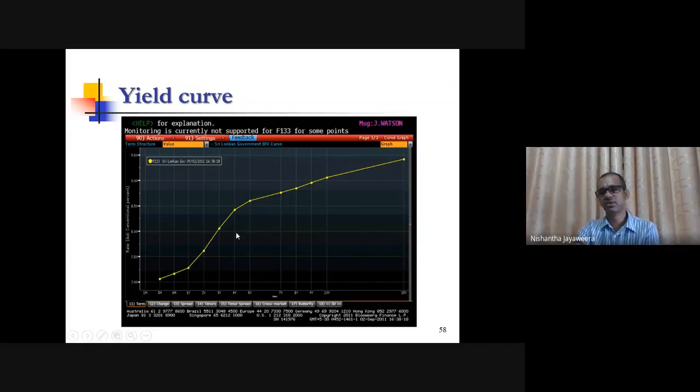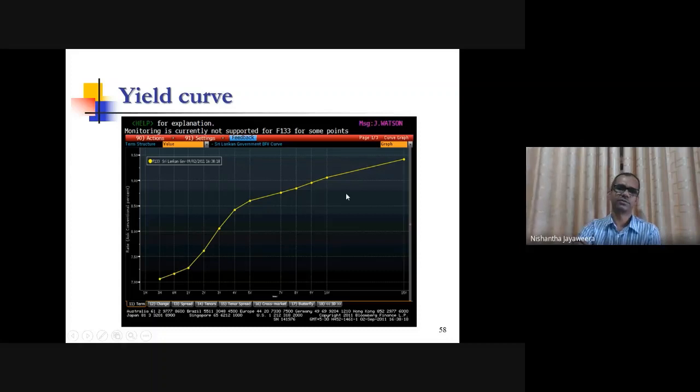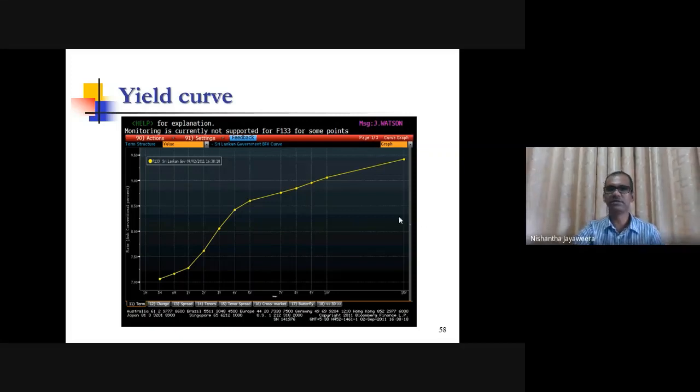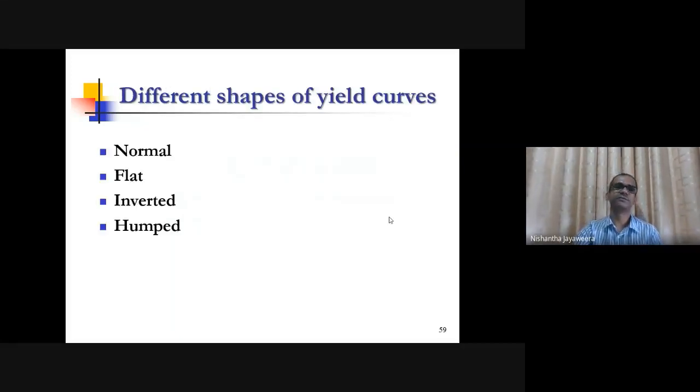That's the normal yield curve with the upward slope. When the maturity increases, yield increases. We call it a normal yield curve or a positive yield curve.